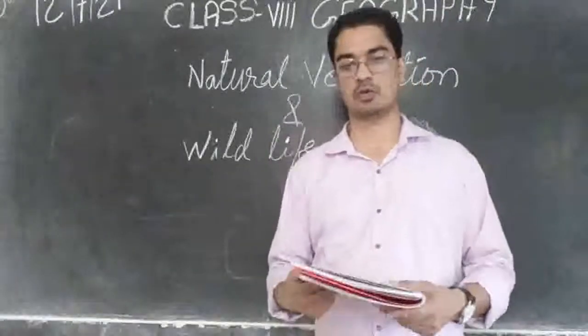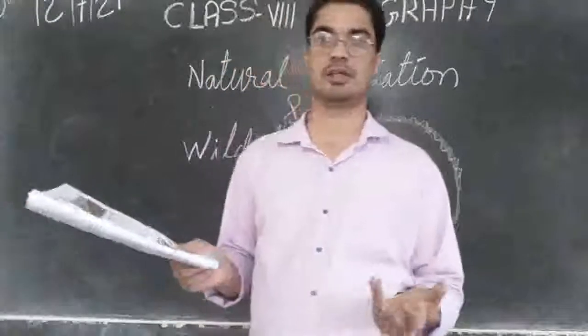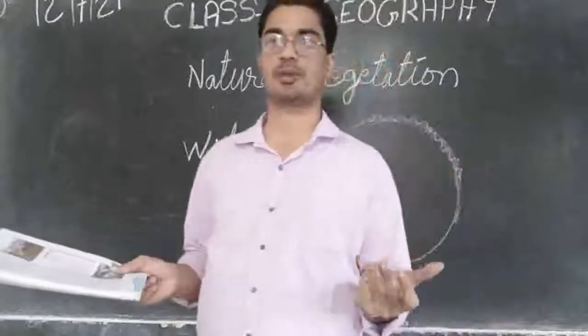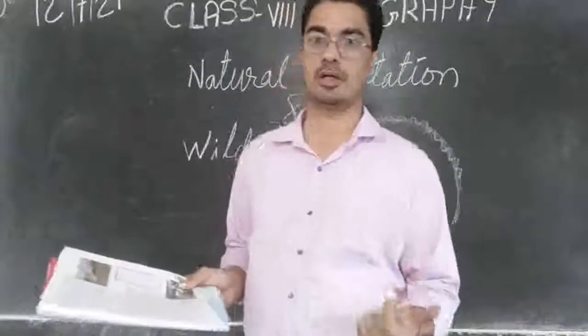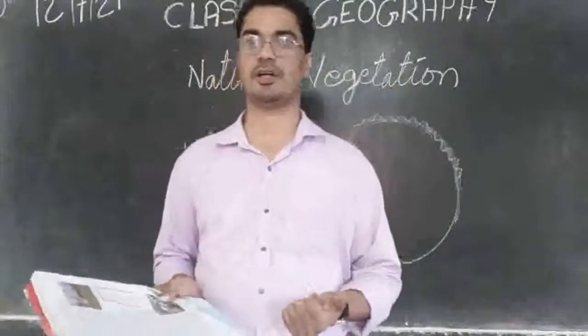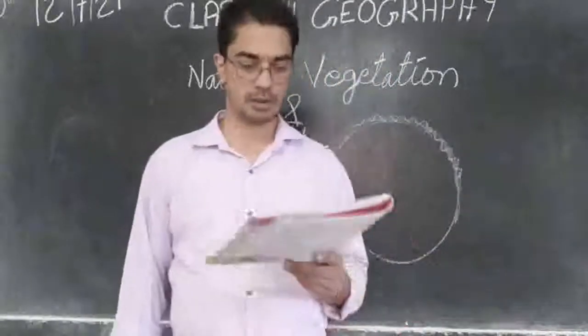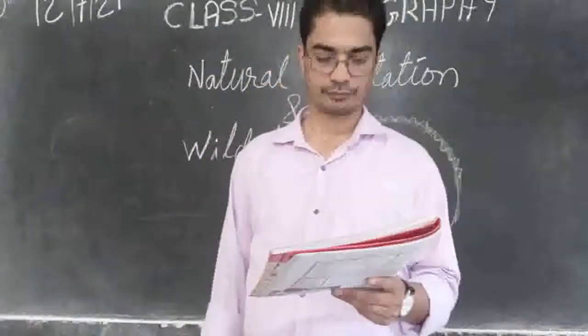So what are the things involved in the ecosystem? The living beings are there, the animals, the plants, the animals or the living beings in the water, the air, all these together it is called the ecosystem.